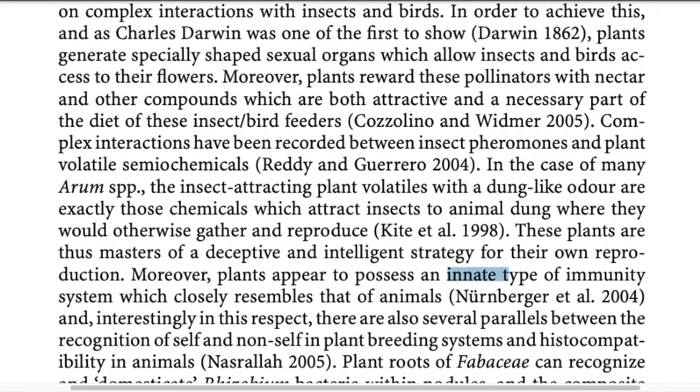Innate, already acquired within them, right? Which closely resembles that of animals. And interestingly, in this respect, there are also several parallels between the recognition of self and non-self in plant breeding systems and histocompatibility in animals.